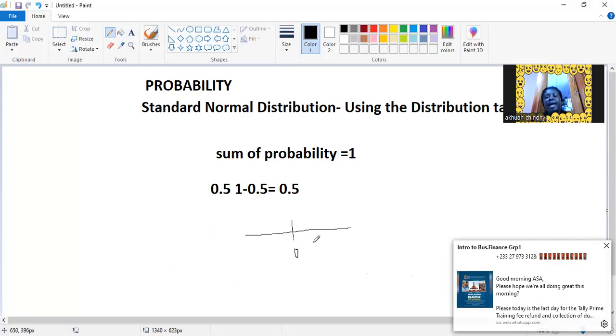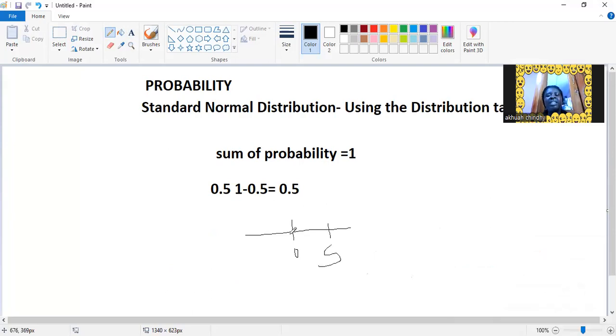The standard deviation is telling us how far, let's say here is 5, this 5 is from 0. Or let's say here is -5, how far this -5 is from 0. So how far a particular figure is from the center? We know from our basics that mean is a central tendency, so it's something like in the middle. So how far certain figures are from the center? That's basically what it means.